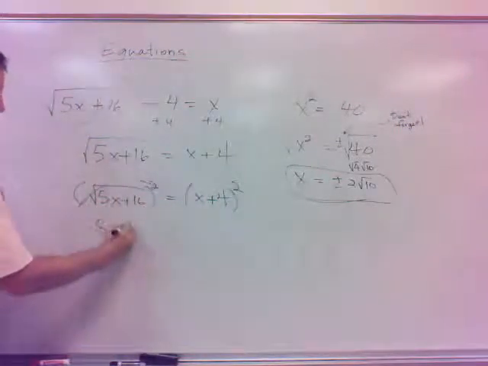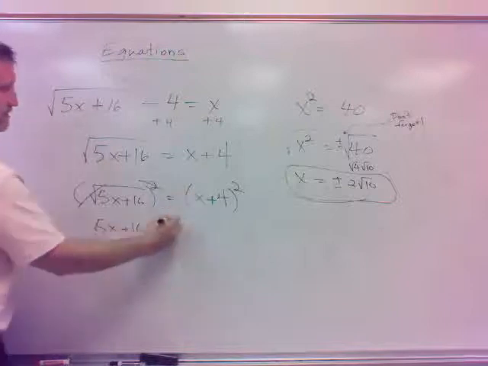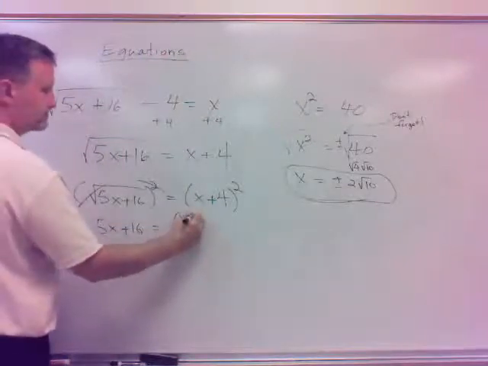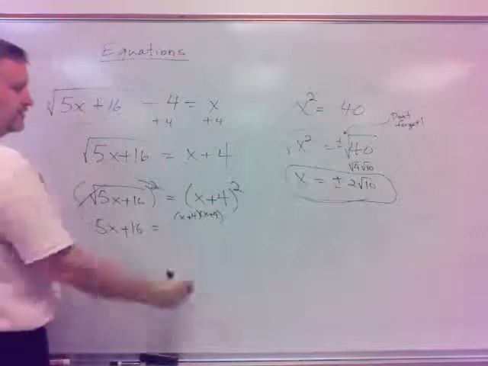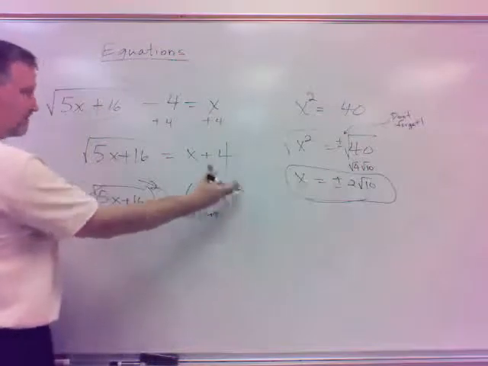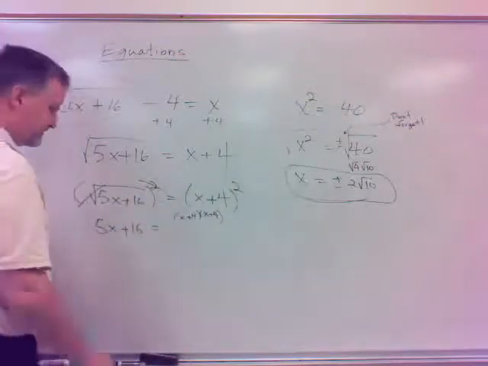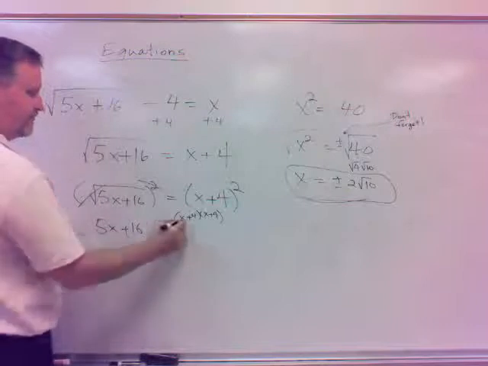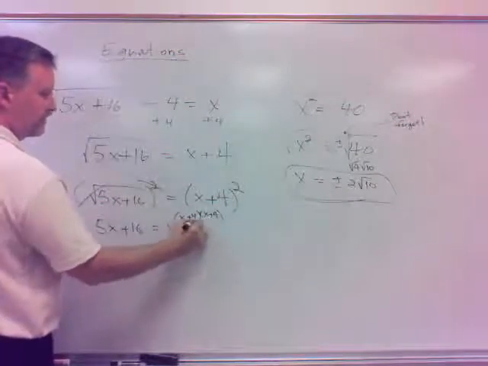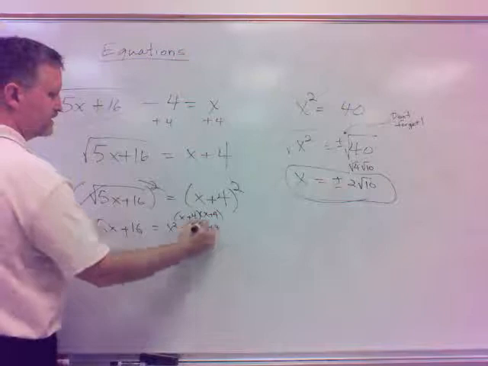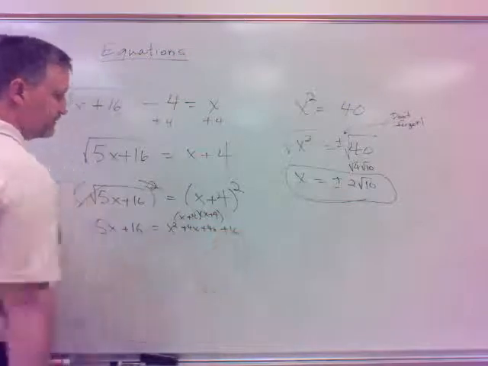So we get 5x plus 16 equals x plus 4 twice. Another point on that, there's my binomial squared again, so always write it twice in FOIL. So I've got x squared, 4x, and 4x, and 16. All those terms, all 4 terms.